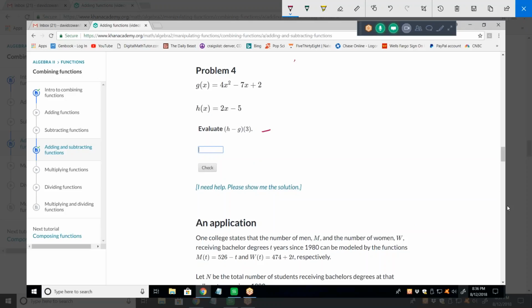How about h of x minus g of x? Tell me what that is. So g of x, instead of being 4x squared minus 7x plus 2, would be negative 4x squared plus 7x minus 2. In other words, basically what we're going to do is this.